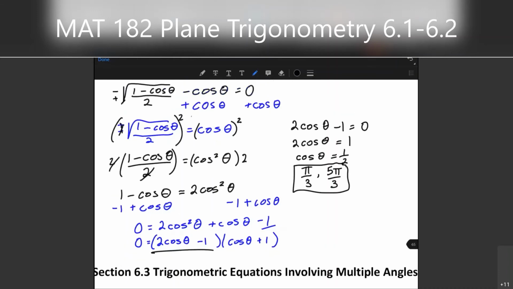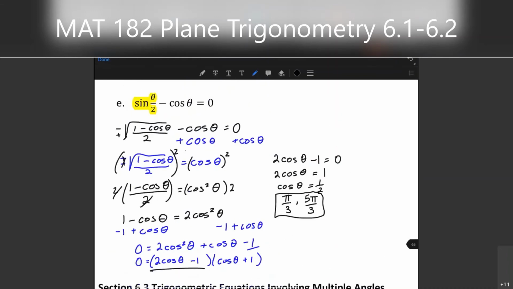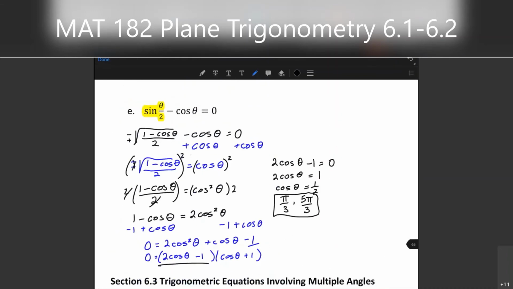This one is a little tricky because again we want to double check our solutions. If we did our cosine plus 1 equals 0, that would be cosine theta equals -1. What would the angle be there to solve for cosine theta equals -1?